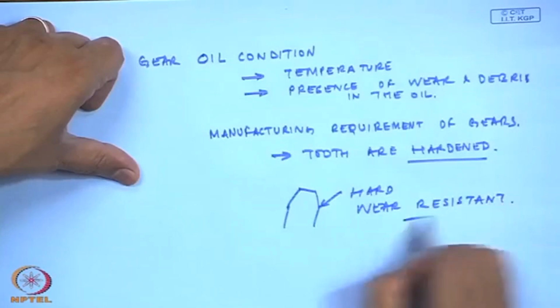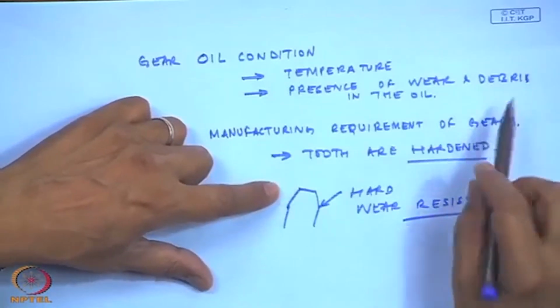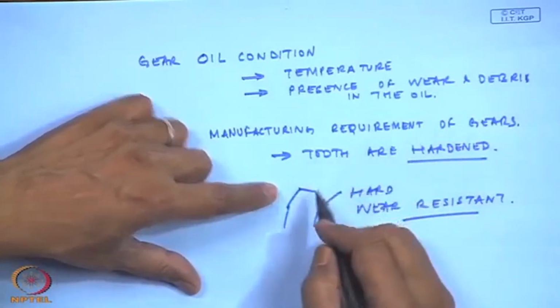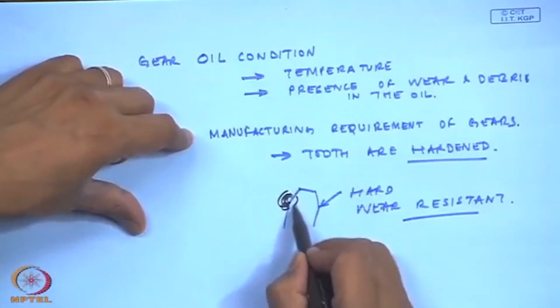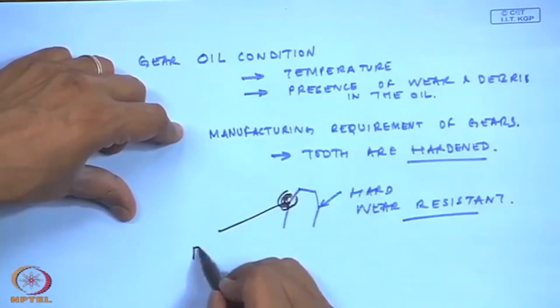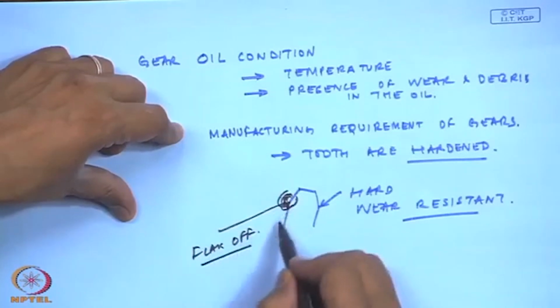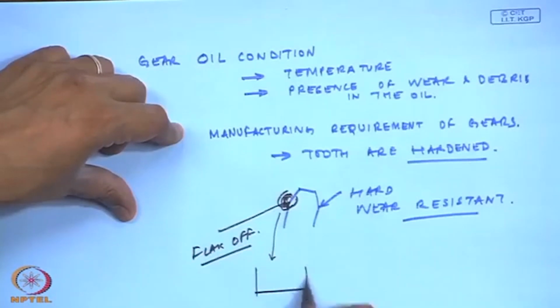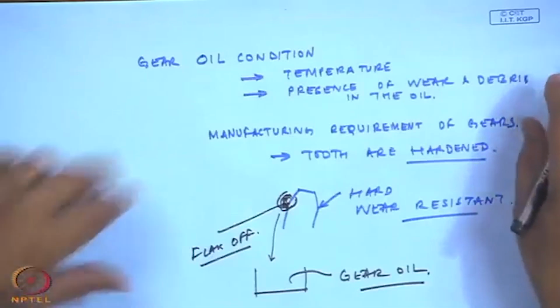Many times what I have seen, if a proper heat treatment is not done on the gear tooth, these particles will flake off, and these particles will get deposited in the gear oil. So, to find out the defects in gearboxes, many techniques can be used, and they will come one by one.